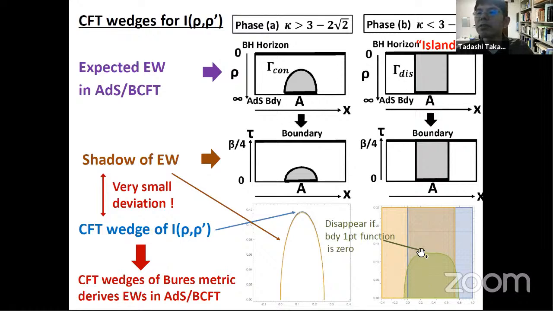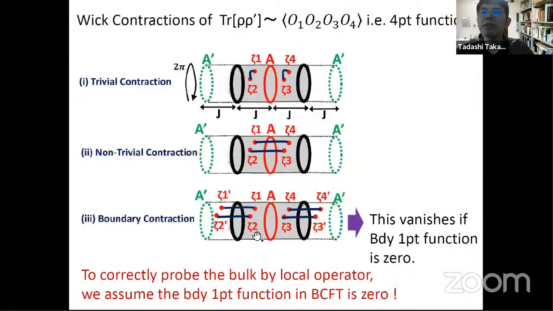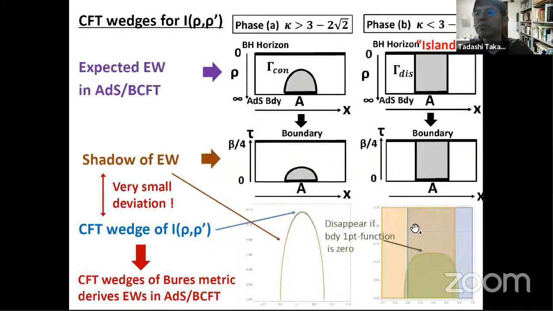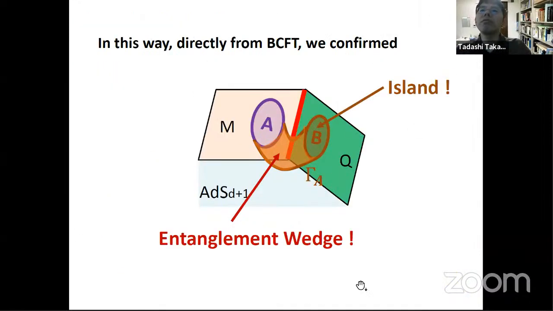We neglect this green one because it comes from the third contraction. If we neglect this, then it precisely agrees with what we expect from the AdS/BCFT construction. So in this way, we can confirm the entanglement wedge for boundary conformal field theory and its holographic dual using just field theory calculation. So we confirm this picture.